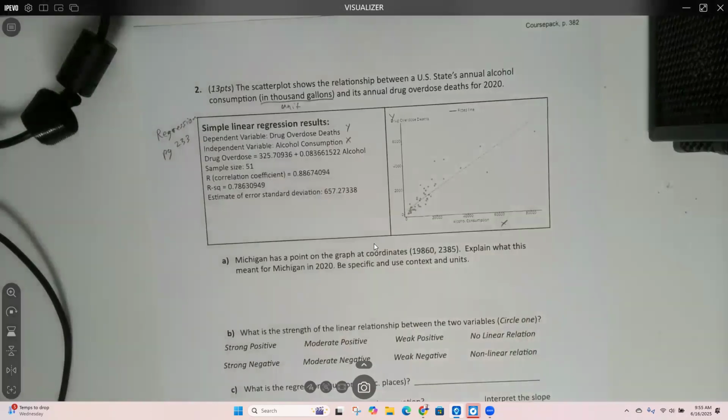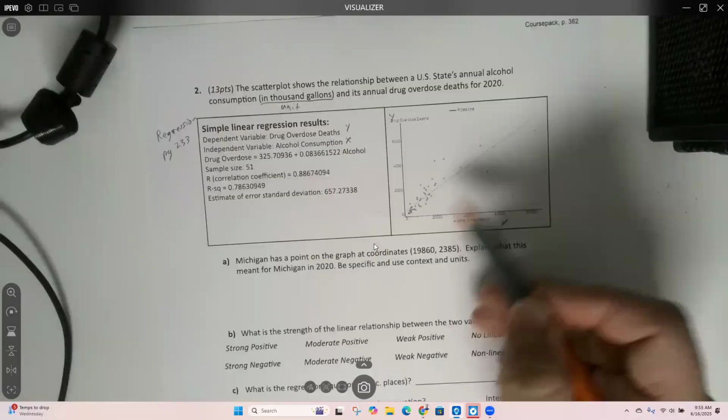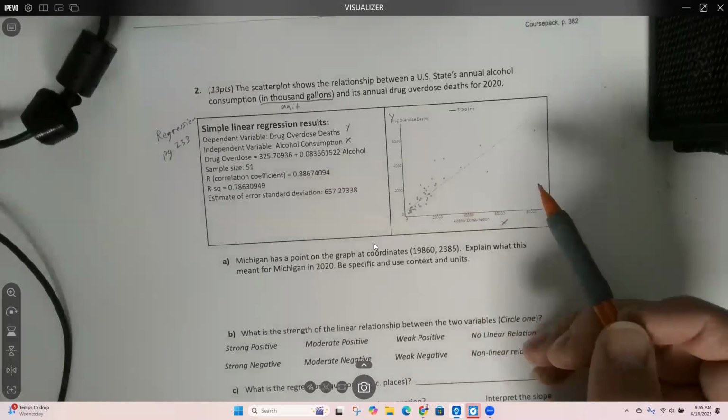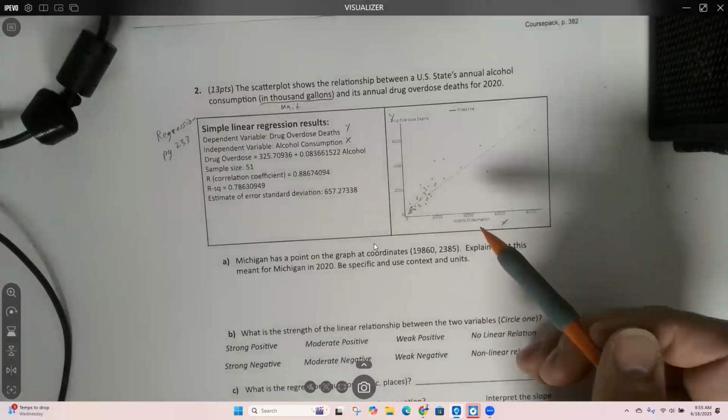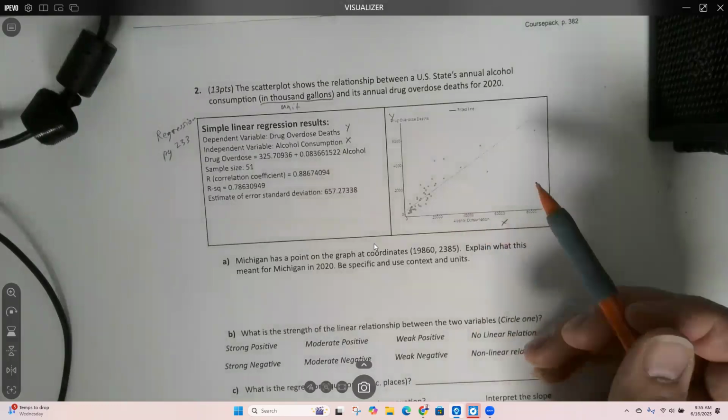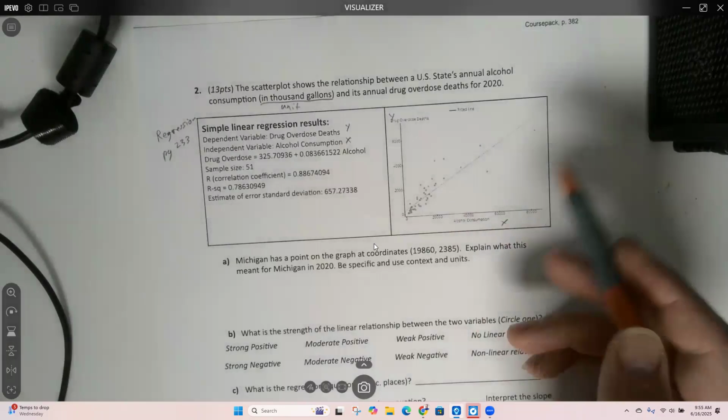All right, Michigan has a point on the graph somewhere in here at the coordinates 19,860, comma 2385. Explain what this means for Michigan. There's not really a script here for this.